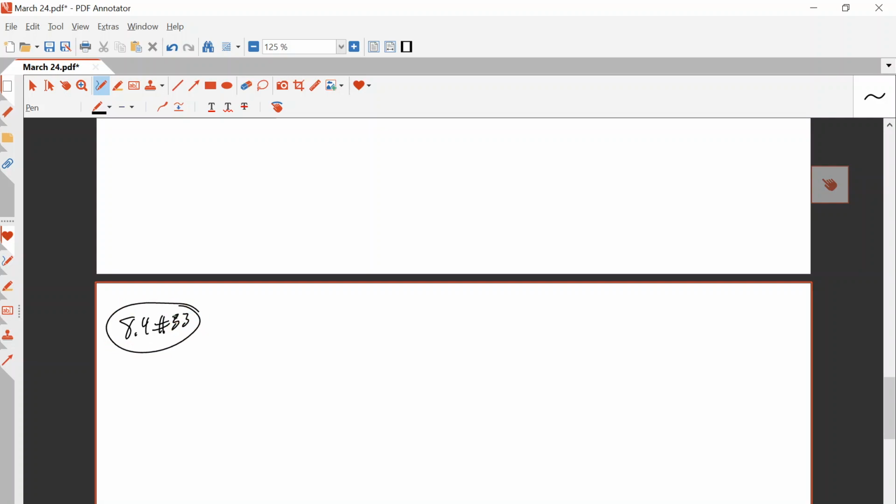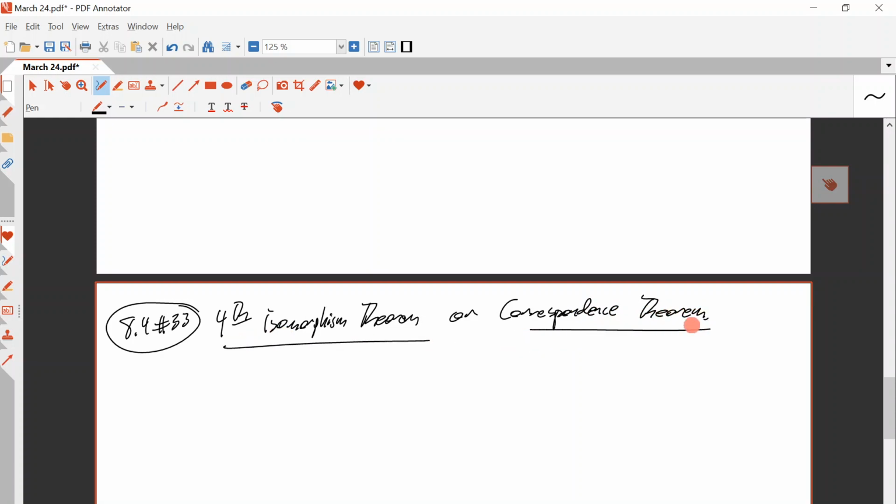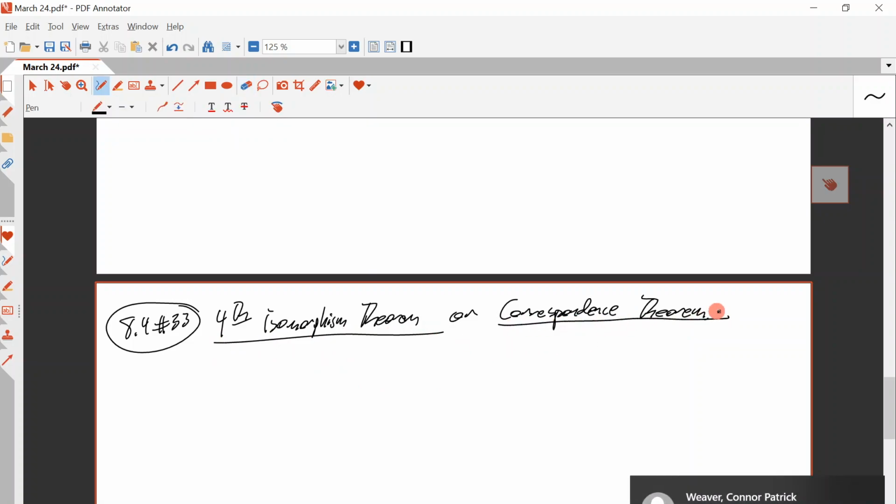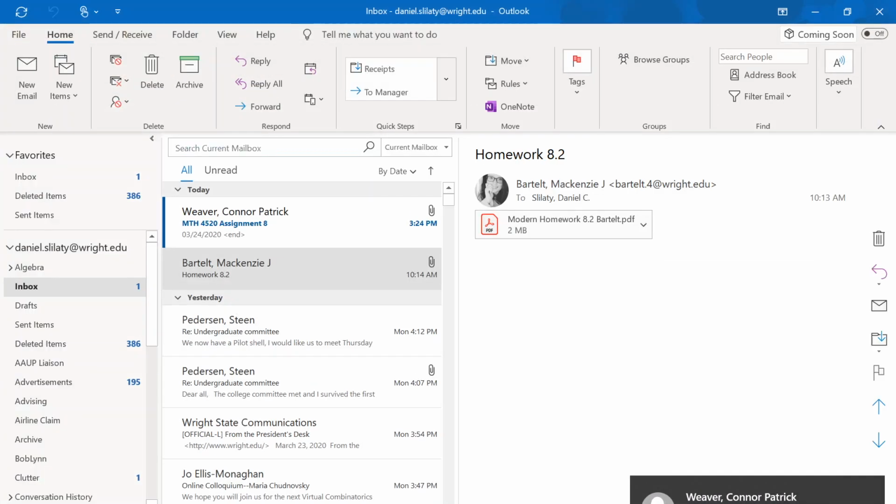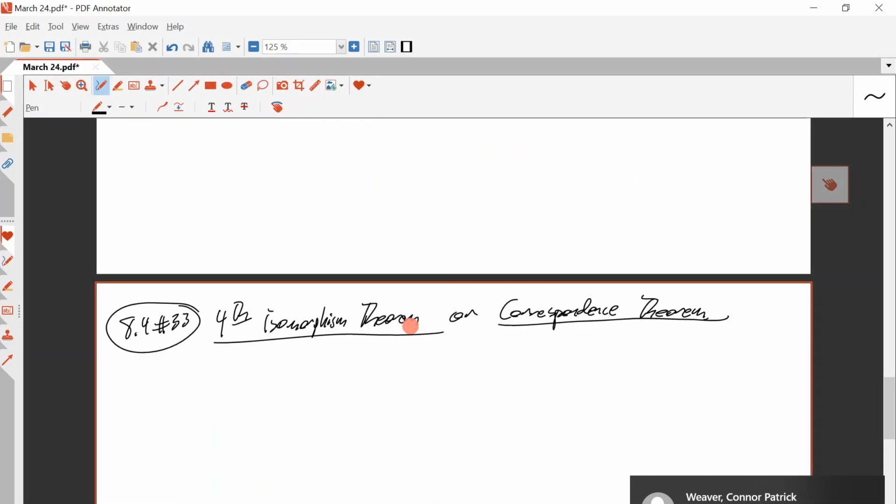So 8.4 number 33 is often called the fourth isomorphism theorem, or it's called the correspondence theorem. So it's either called this or that, depending on the context. And it goes as follows.